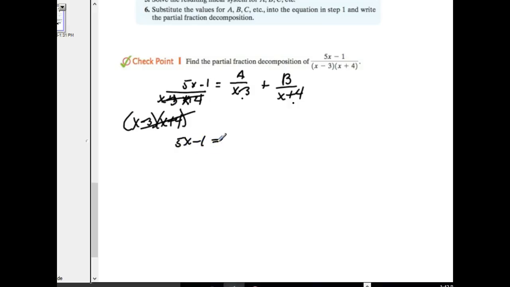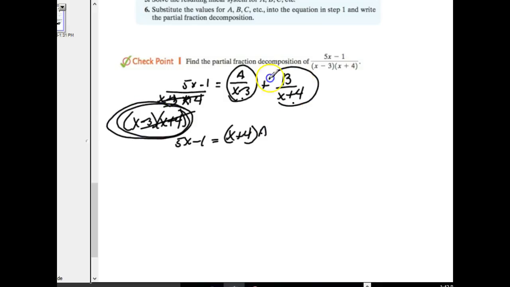On the right side, the x minus 3's are going to cancel each other, so I'm going to be left with x plus 4 times a. And for the other one, the x plus 4's are going to cancel, so I'm going to be left with x minus 3 times the b value.